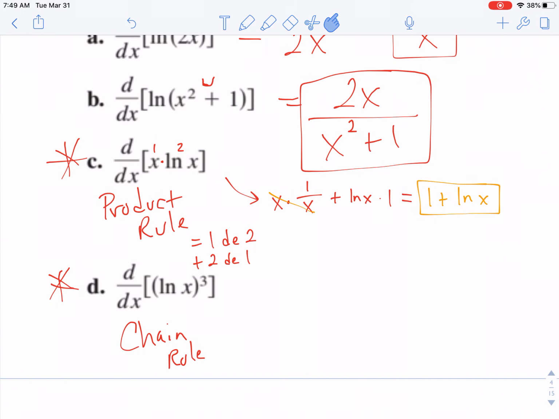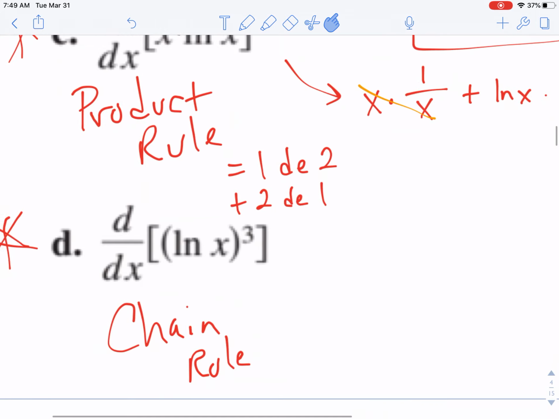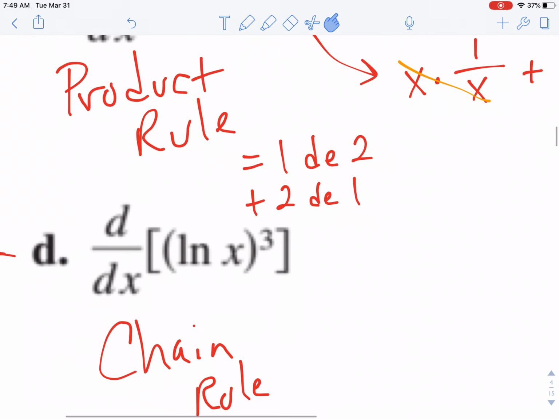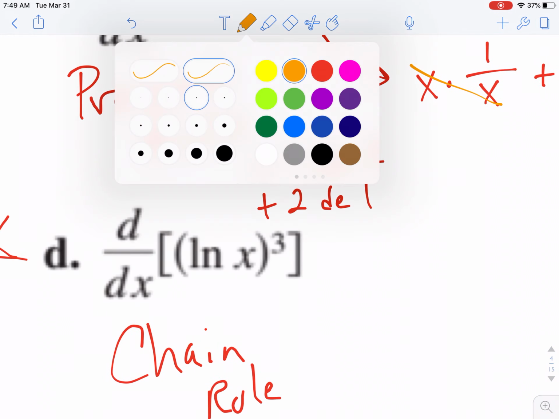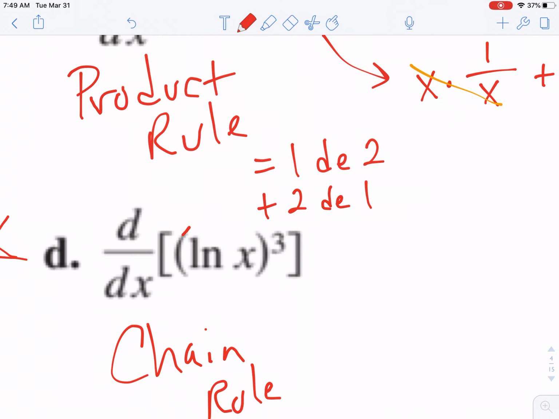And then finally, letter D. Here we need a chain rule because what we have is actually a function inside another function. We have an ln x inside a cubing function. So the chain rule, if you recall, says do the outer shell, do the derivative of the outer thing. The outer thing is this parentheses being cubed.